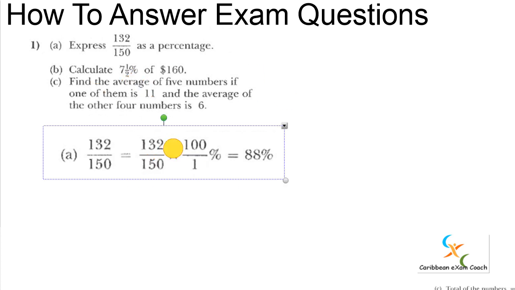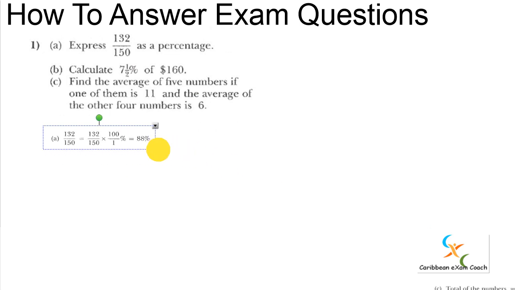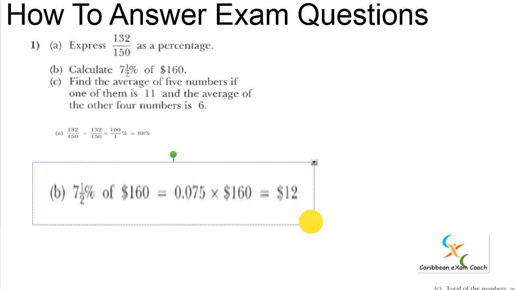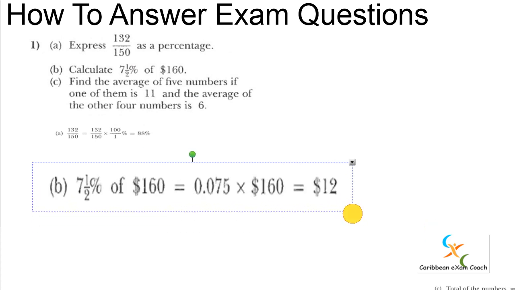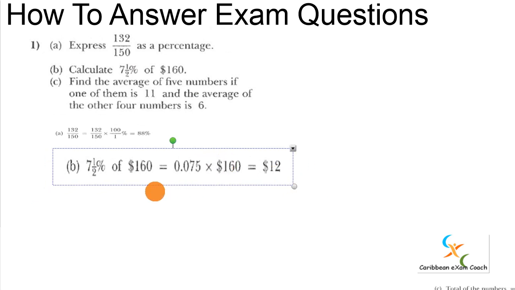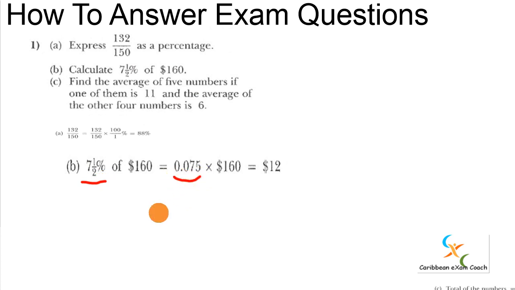Calculate 7.5% of 160. You rewrite this expression, 7.5% in decimal format like that, and then you multiply by 160.